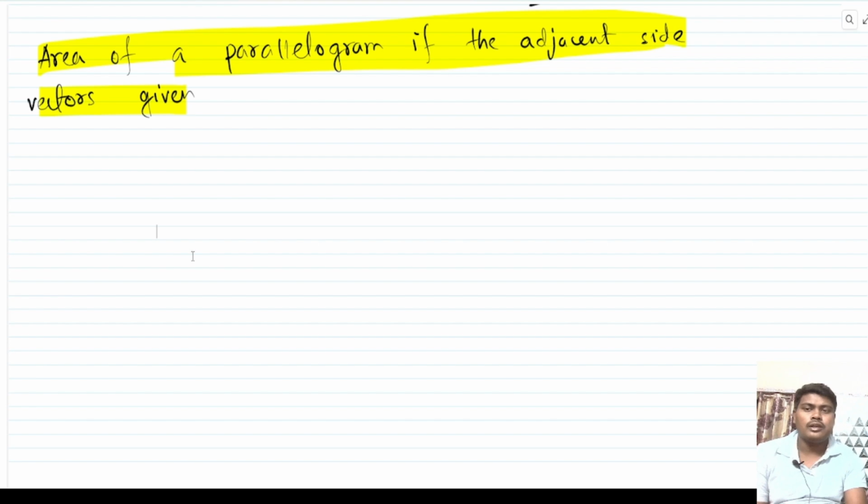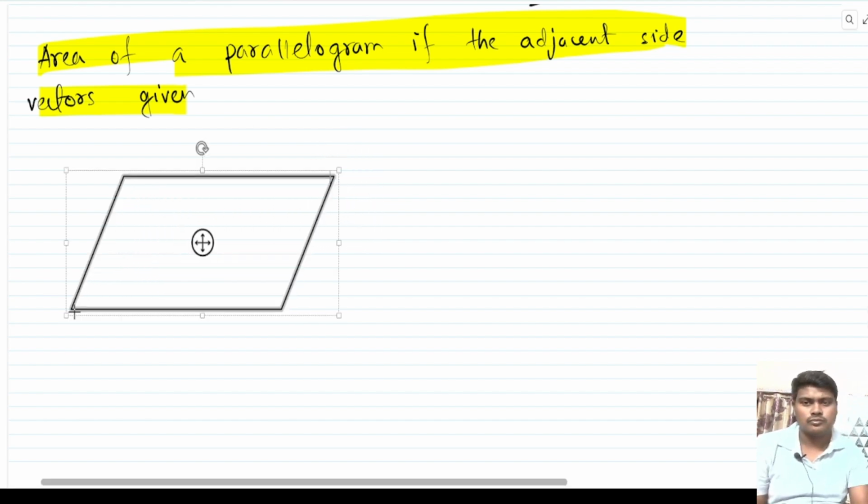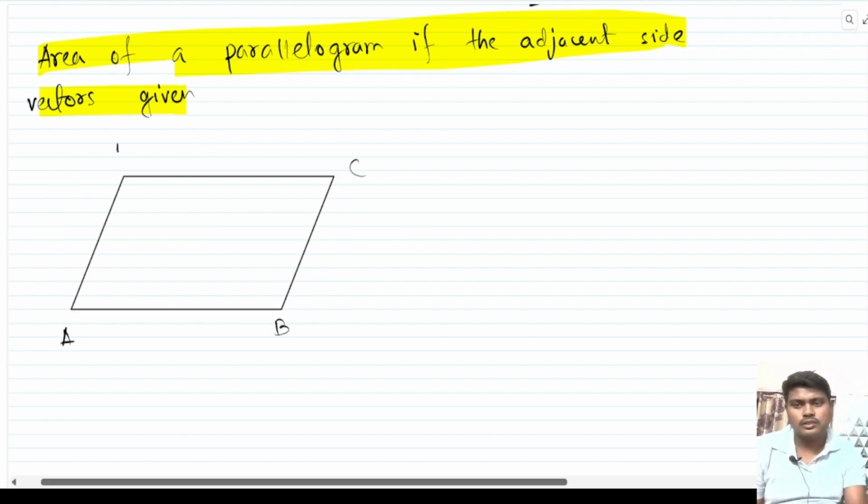Next, we can also evaluate the area of a parallelogram if the adjacent side vectors are given. So consider a parallelogram ABCD with vectors AD, AB, BC, DC.